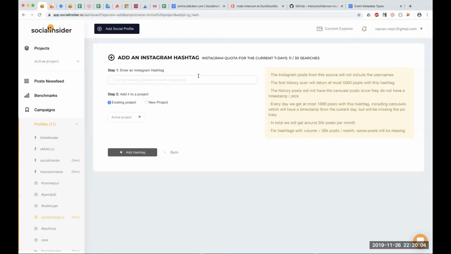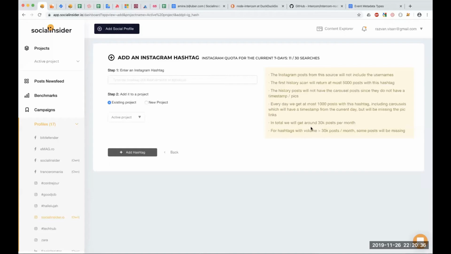So if you have a really high volume hashtag, you will only get a sample of the posts that will be on the platform. But if you have a low volume hashtag, about 10K or 20K or 30K posts per month, that's okay because we would still be able to get all the posts. So every day we get 1K posts with that particular hashtag, including the carousels.